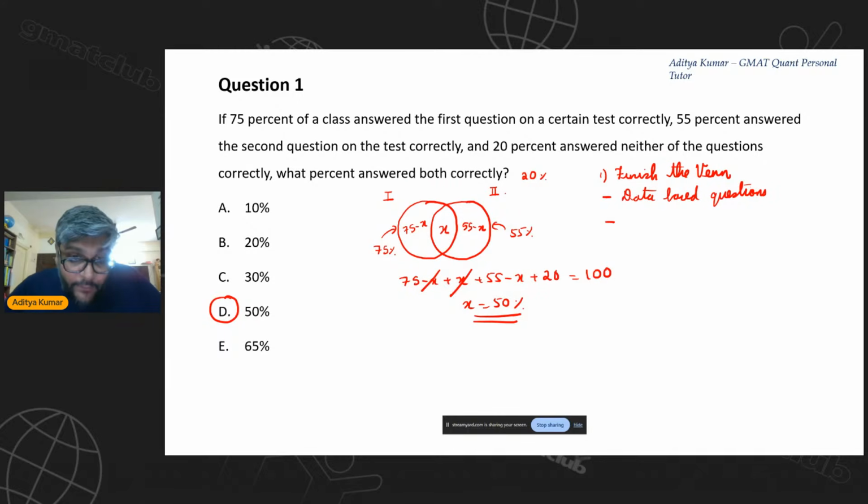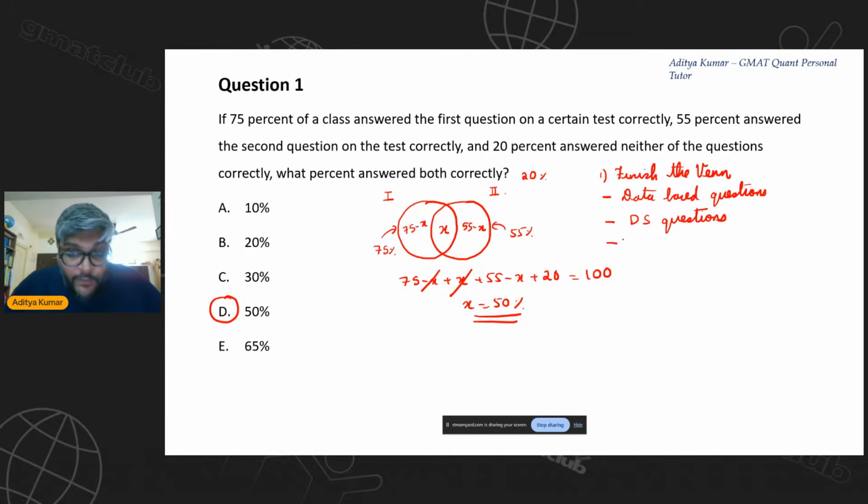But this process of finishing the Venn will come in very handy when you're working with data sufficiency questions. You'll see later as we pick up data sufficiency questions, you'll have a big advantage of working with a Venn diagram by finishing the Venn rather than using a formula or a visual representation of a Venn.